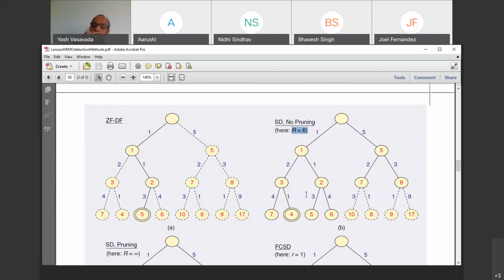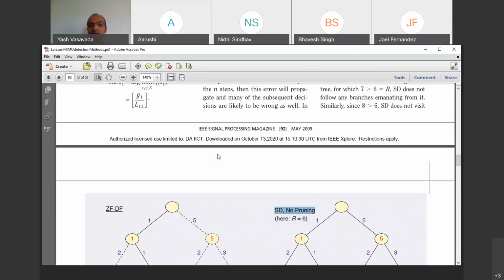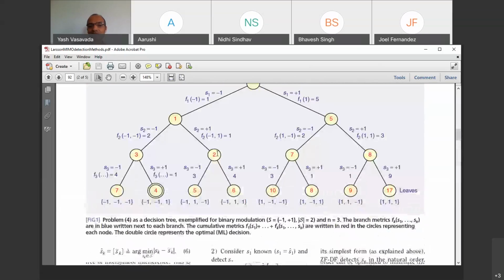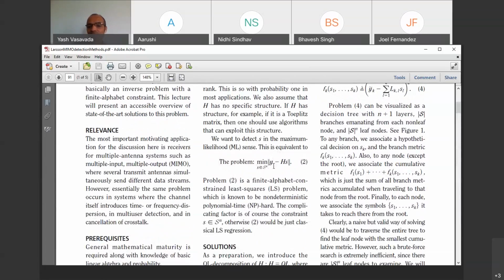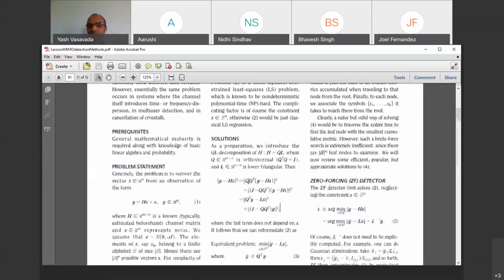Okay, so this is called sphere decoding without pruning. You see that here we have already made use of several smart ideas. This is a lot of brainy stuff, I would say. First part is converting this problem into a lower triangular problem using this equation.